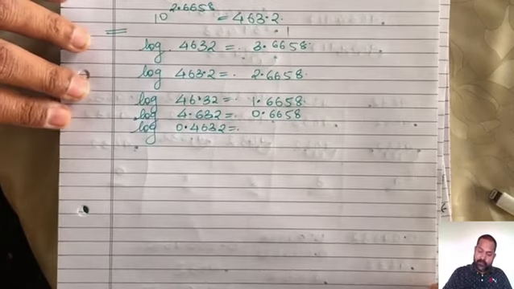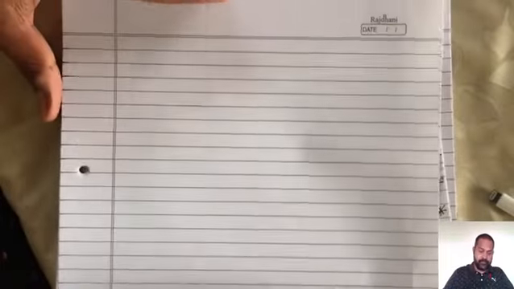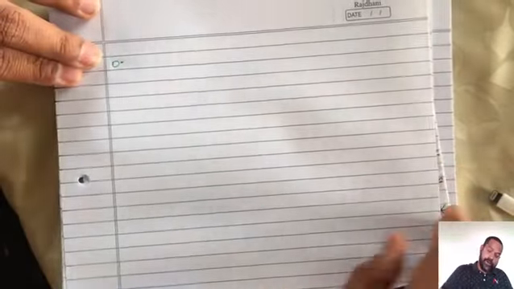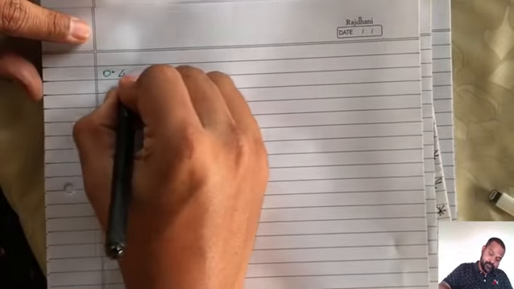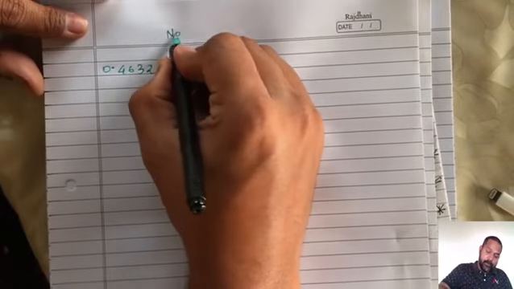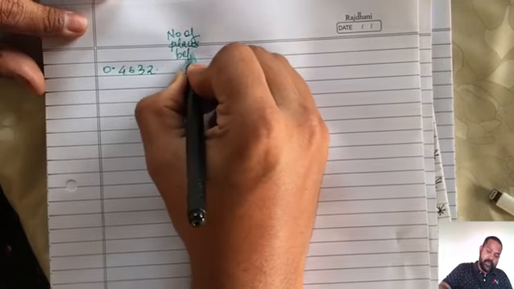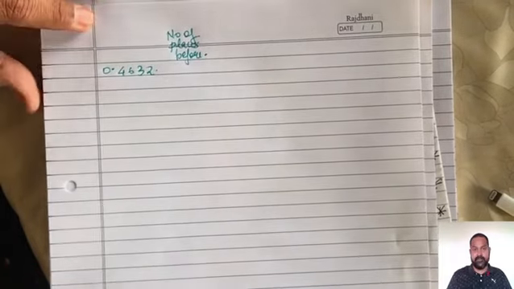So let me do this on a fresh page with the table. 0.4632. Column number 1, number of places before the decimal.